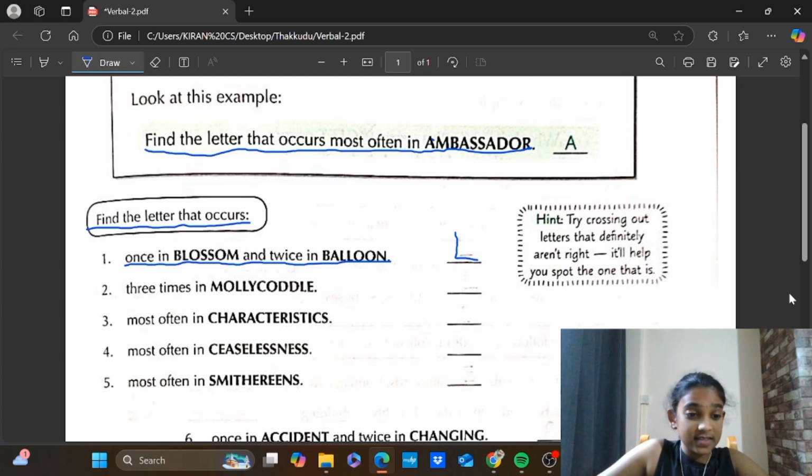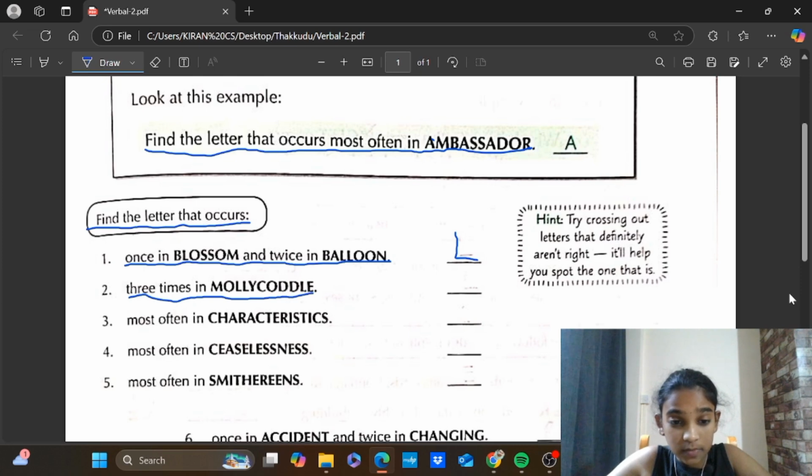Next question is, find the letter that occurs 3 times in this word. Okay? So we need to find which letter comes 3 times in this word. Okay? So M, does it come 3 times? No, it doesn't. What about O?